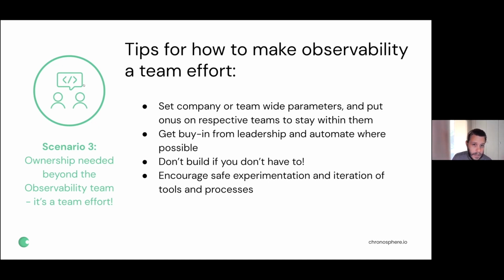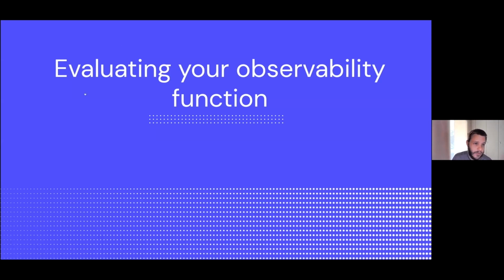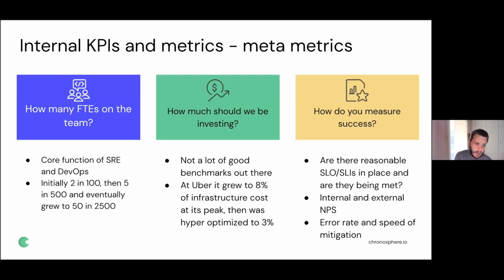And then finally, I want to talk very briefly about how to measure the function of observability at your organization. I want to talk a bit broadly about how many full-time engineers you should be dedicating towards these efforts.